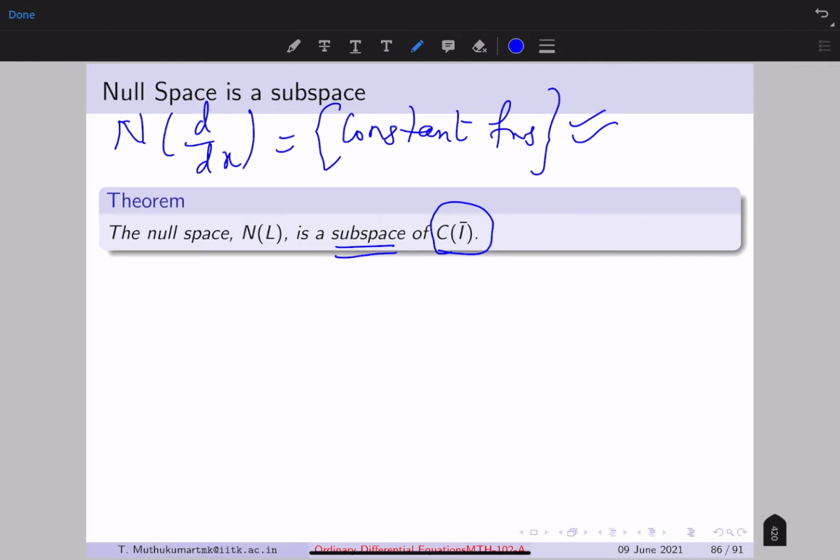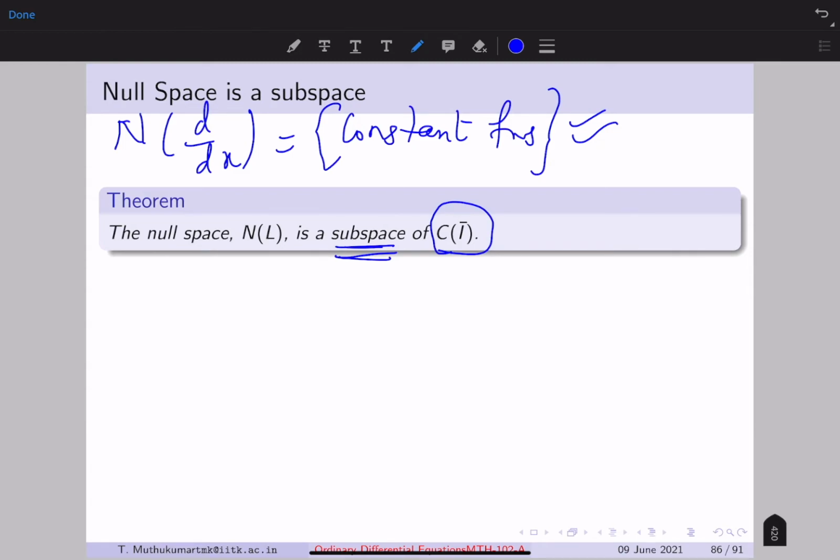R2 is again an uncountable set in terms of cardinality, but in terms of vector space dimension, it's dimension 2. So if your null space is a subspace, the set can be very big, but we can talk in terms of dimensions. That's an advantage.